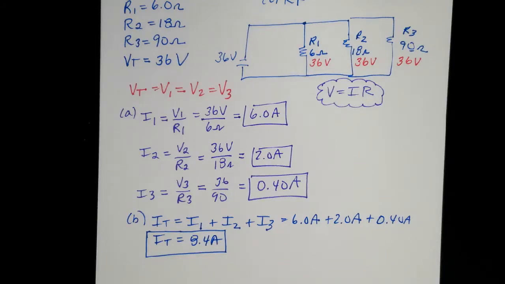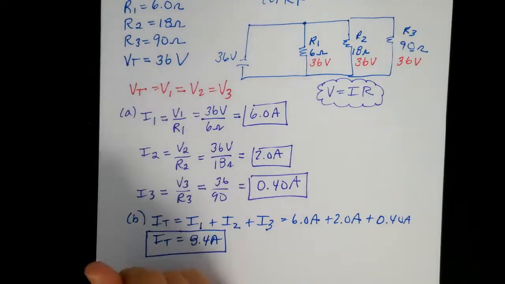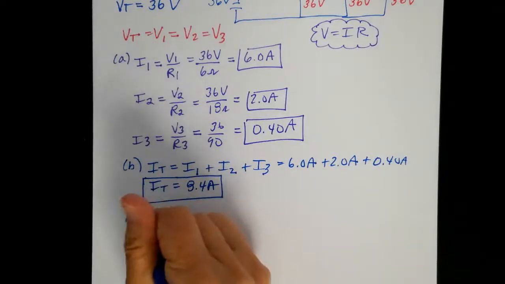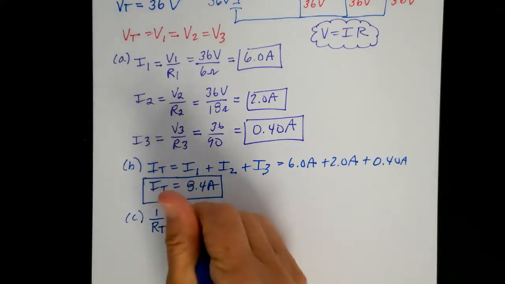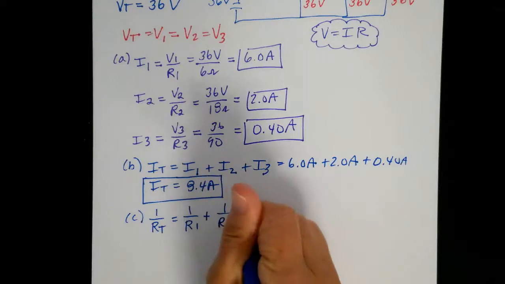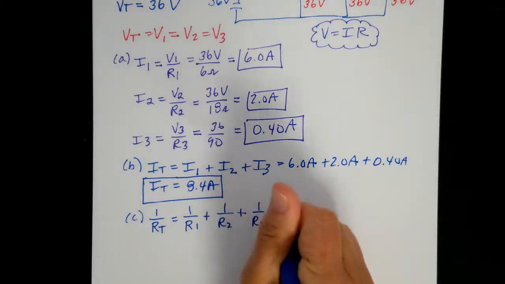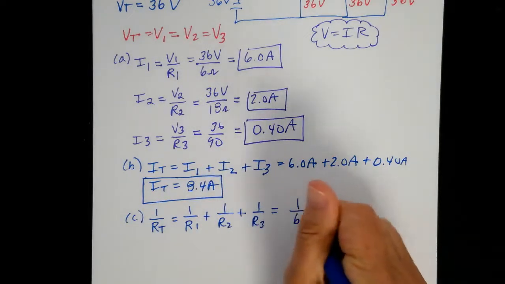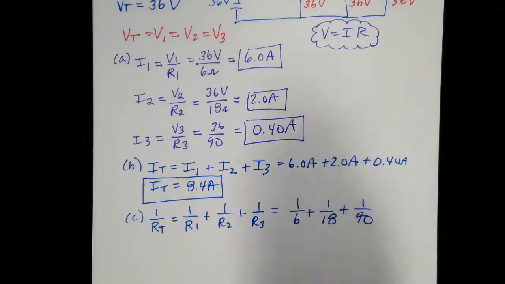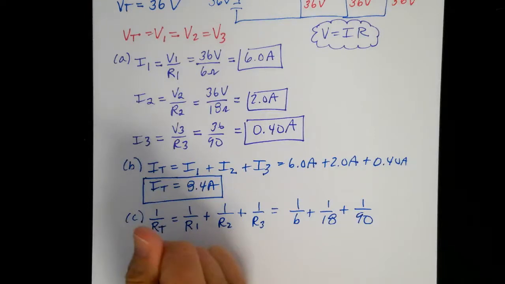All right, for part C, it says find the equivalent resistance, or the effective resistance. So now for part C, I'm going to say 1 over RT is 1 over R1 plus 1 over R2 plus 1 over R3. So 1/6 plus 1/18 plus 1/90. So 1 over RT, now I'm used to doing it with common denominators.